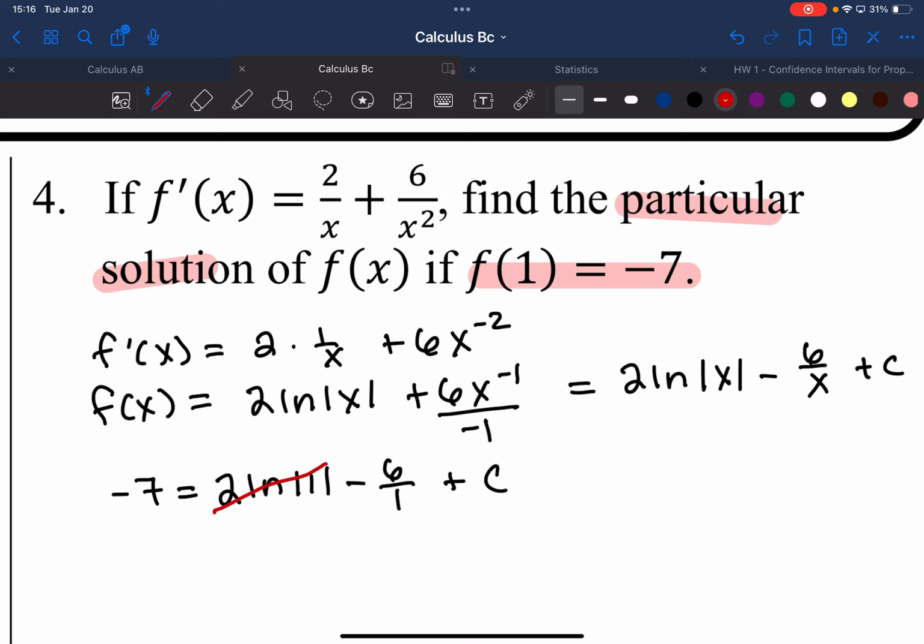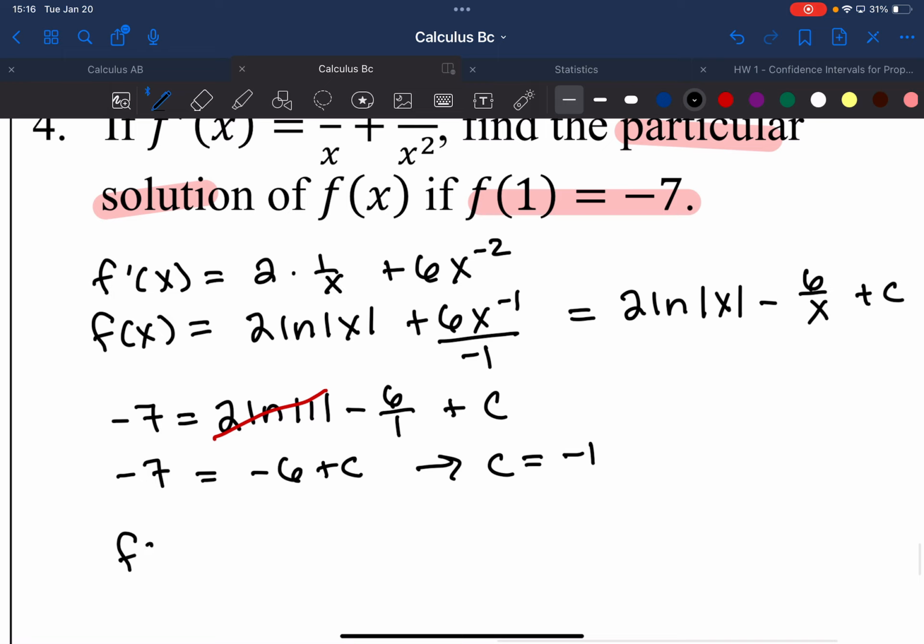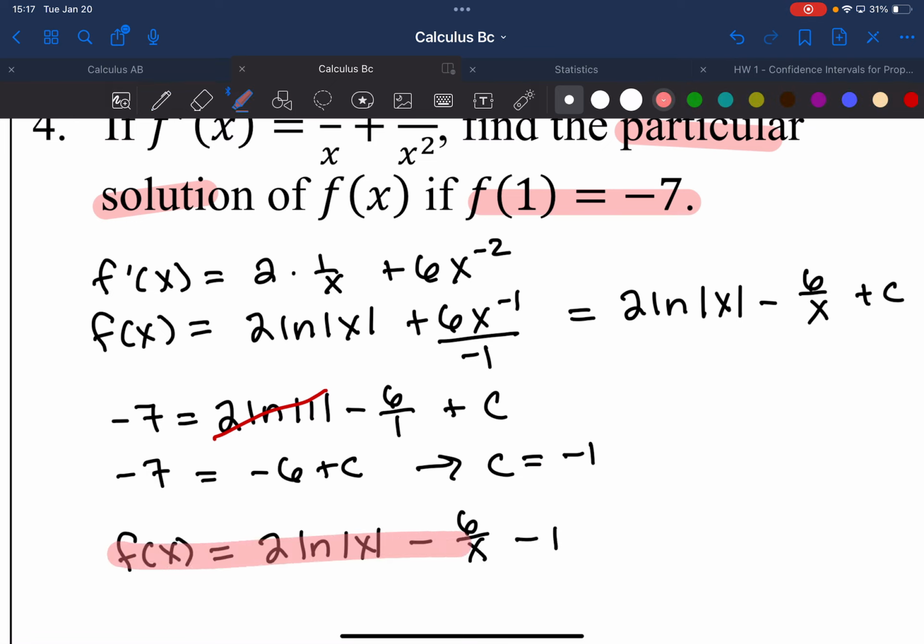Natural log of 1 is 0. So I have negative 7 is equal to negative 6 plus c, which means c is equal to negative 1. So f of x is equal to 2 natural log of x minus 6 over x minus 1. That is my particular solution.